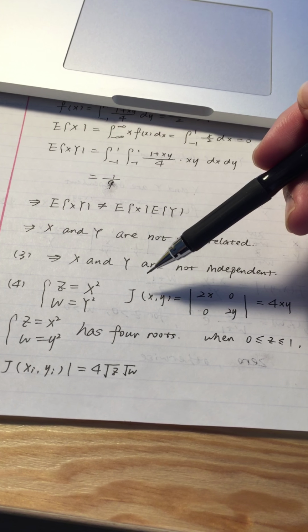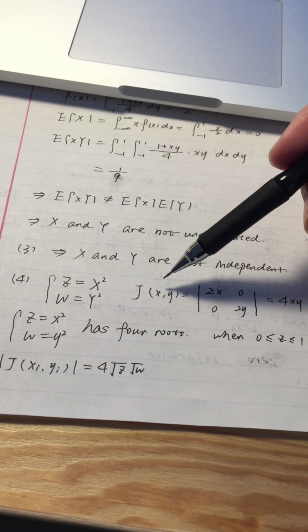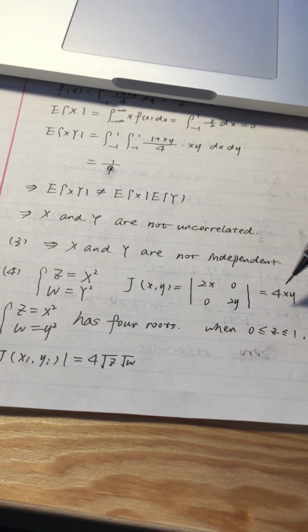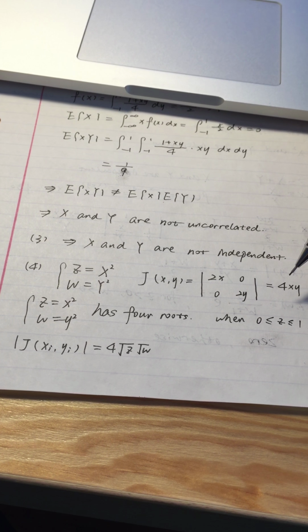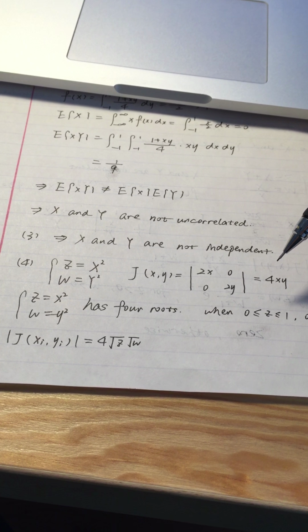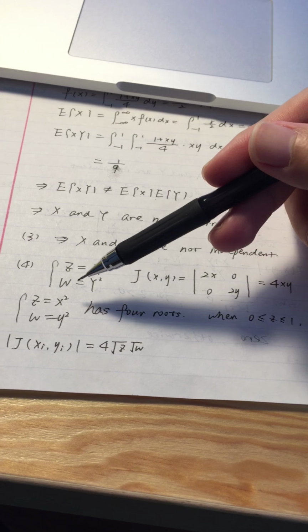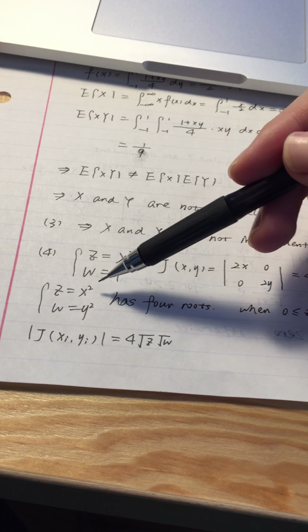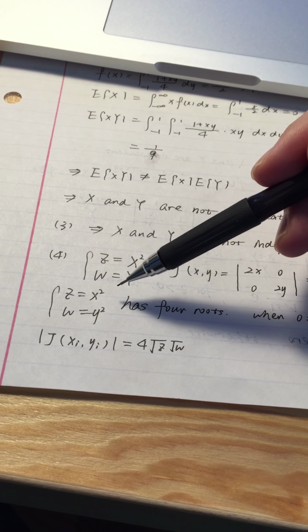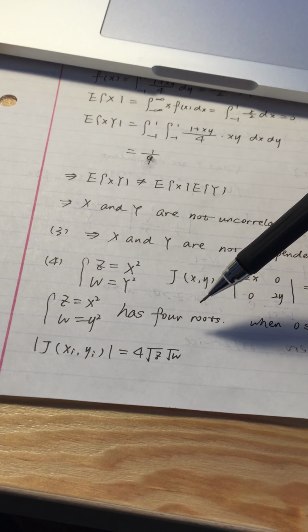So this is a Jacobian matrix of x and y, where z equals x squared and w equals y squared.